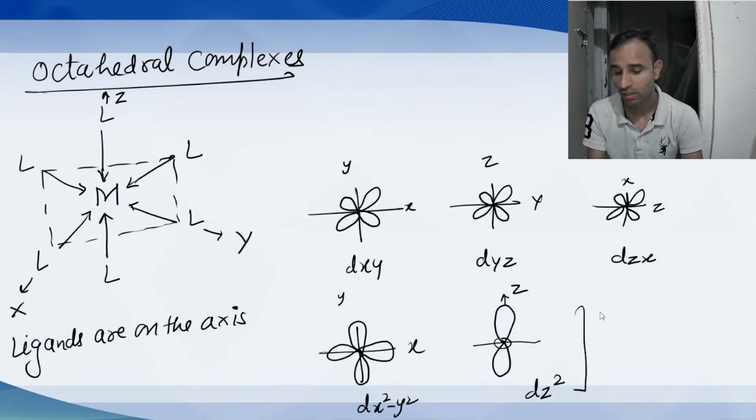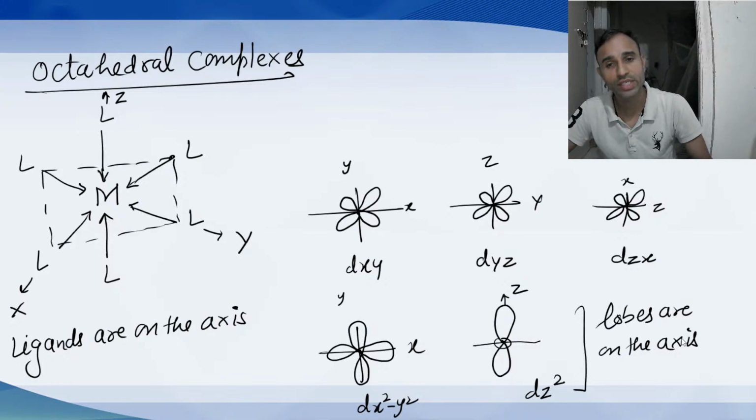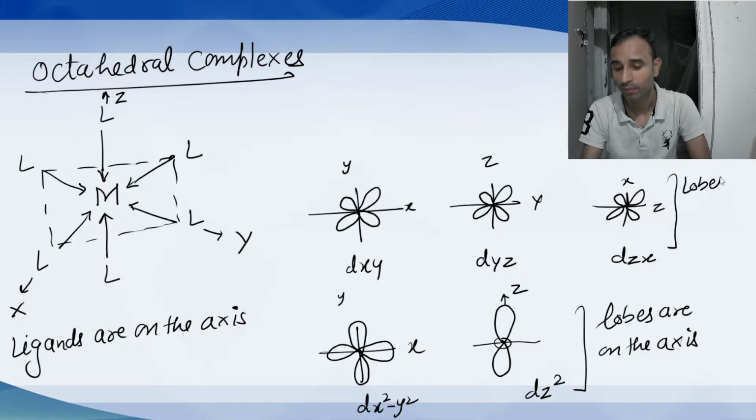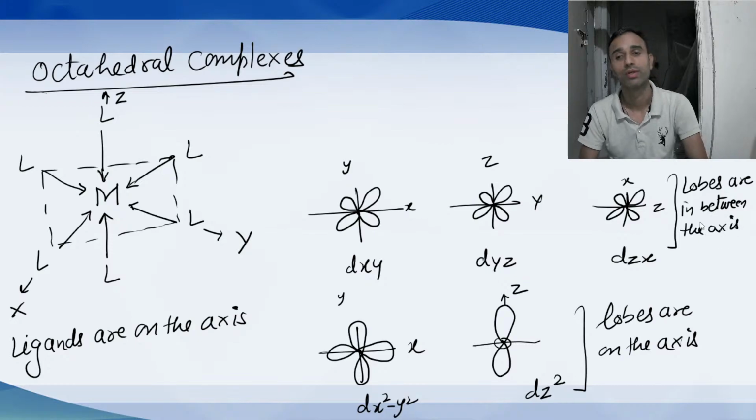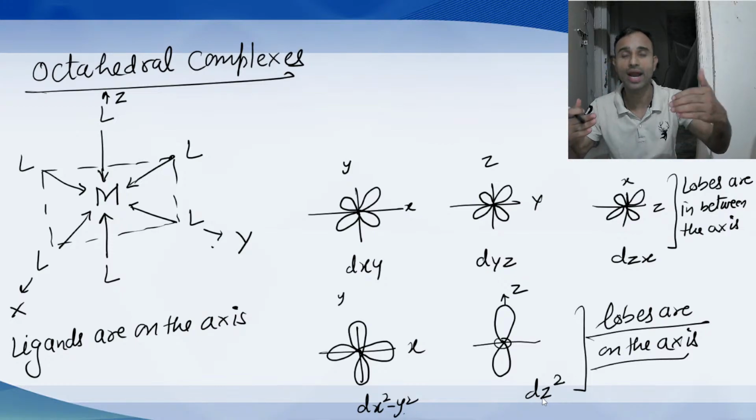So lobes of dx square minus y square and dz square are on the axis, while in dxy, dyz and dzx, lobes are in between the axes. Ligands are on the axis, so they are head on to the lobes of dx square minus y square and dz square.